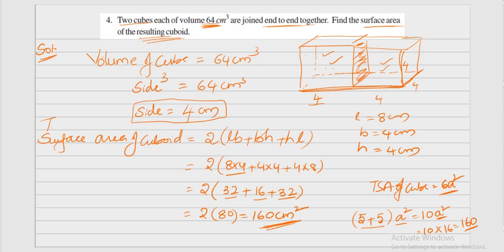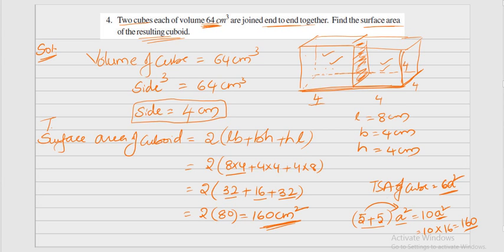But is there any formula 5a square for a cube? No. The lateral surface area of a cube is 4a square, but here we got 5a square, right? So everywhere we are not going to use the concept of CSA of those figures. Based on the questions, we have to make considerations.